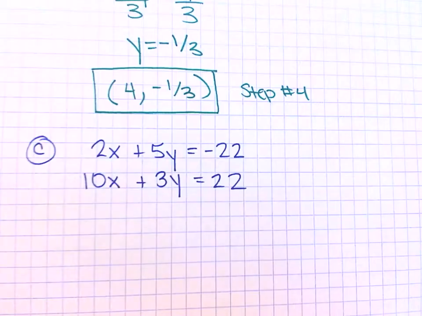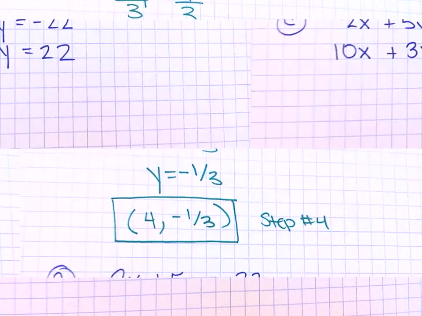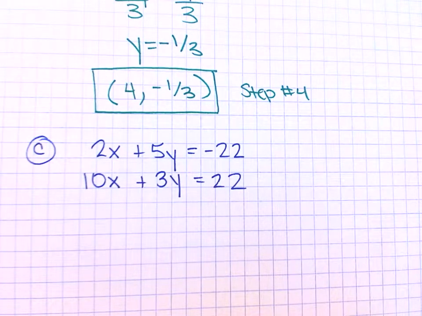So I'm going to have to look at those equations and say, I can multiply by something, or I can add or subtract in order to get two variables to be opposite so they can equal 0. The second equation has a positive 10x, but the first equation has a positive 2x. So if I can multiply the first equation by -5, it'll be a negative 10x, and that'll equal 0.